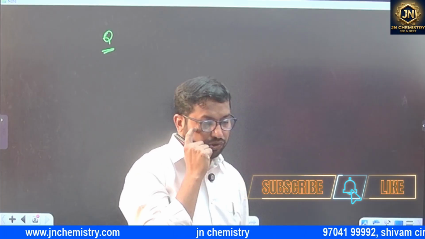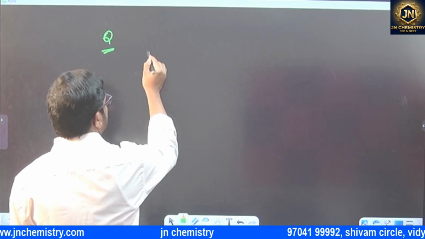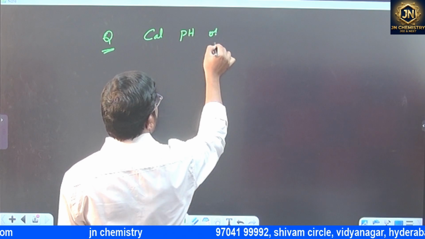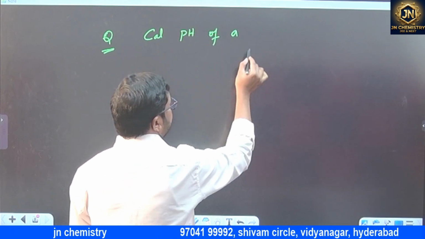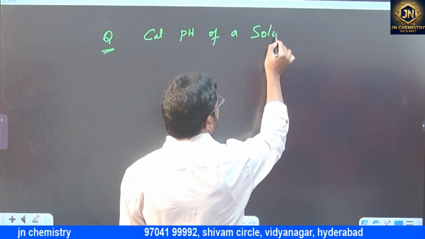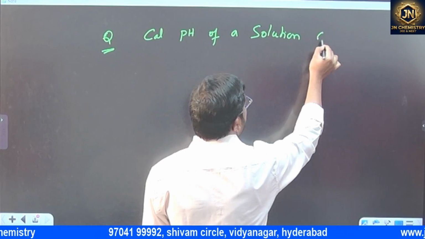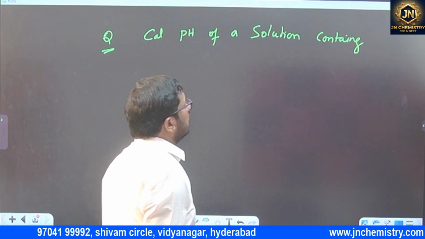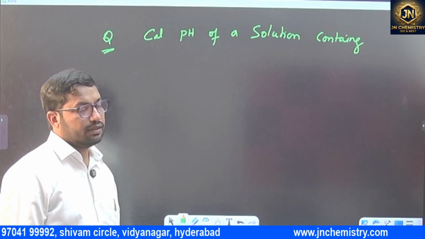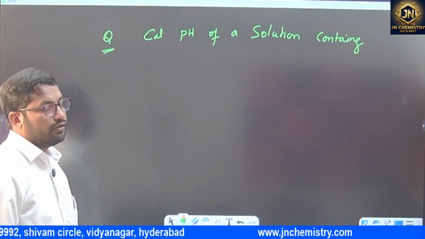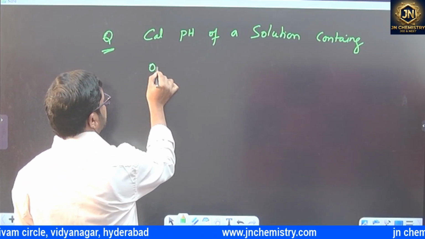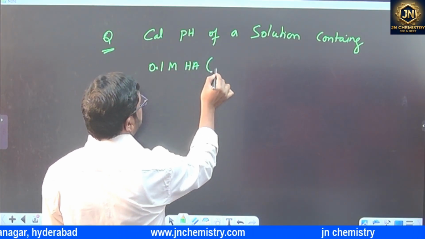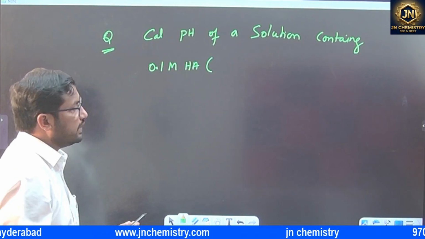Write one more question. Calculate pH of a solution containing 0.1 molar HA. HA means what? Here is Ka value I am giving.